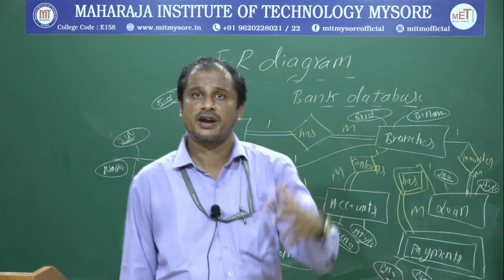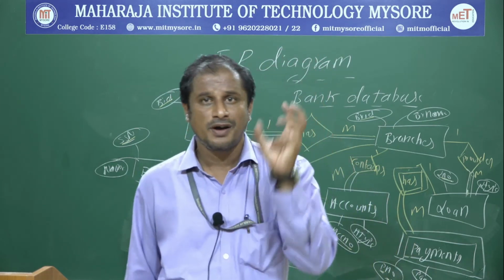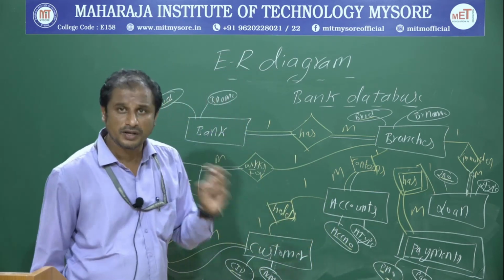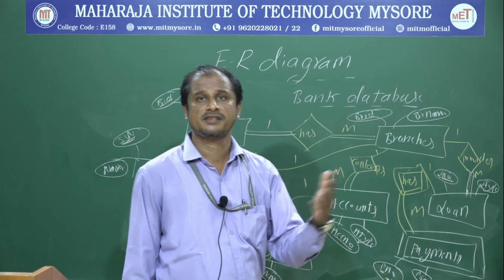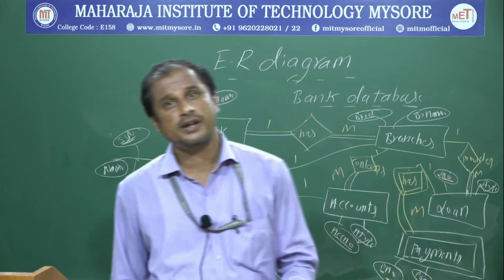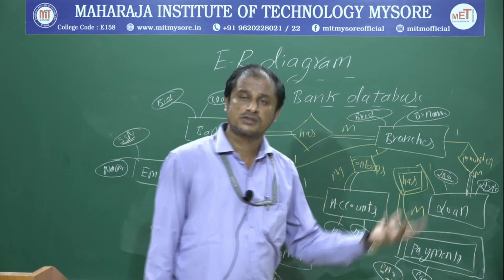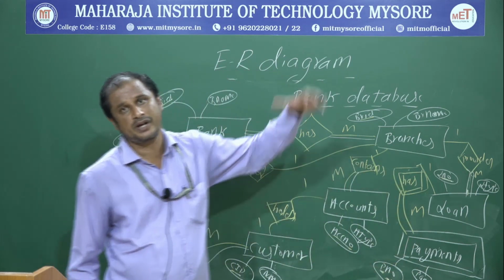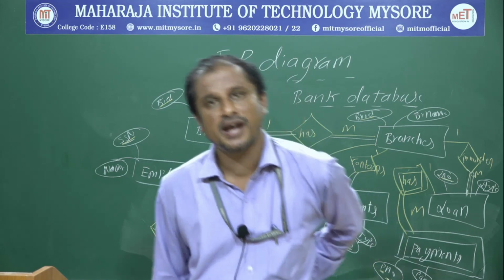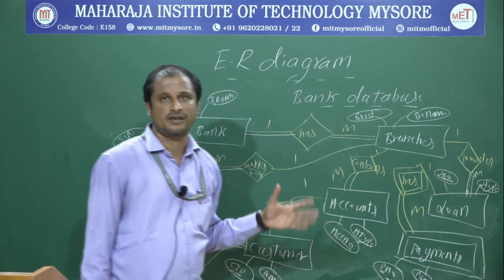You may see different ER diagrams based on the viewpoint of a particular author, right? When an author thinks, maybe in the US the bank's function is completely different compared to an Indian bank like ours. So we have a different way of representation compared to other countries in the operation of a bank. That's my way of thinking about a bank.